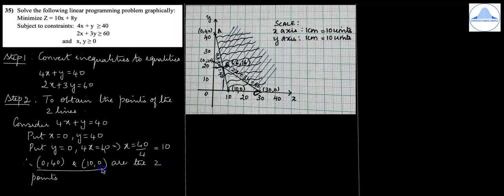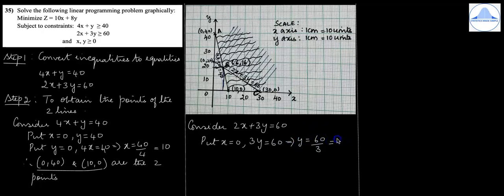of the first line. Then similarly you take the second equation. You consider 2x plus 3y is equal to 60. Now you put x equal to 0, so you'll get 3y is equal to 60, which implies y is equal to 60 divided by 3, which is equal to 20.